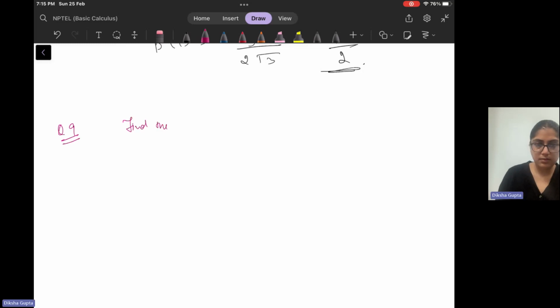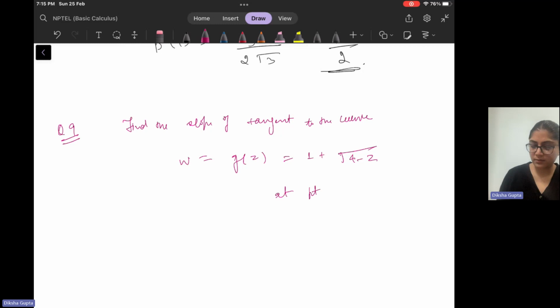Find the slope of the tangent to the curve w equals g of z equals 1 plus under root 4 minus z at the point z comma w equals 3 comma 2.